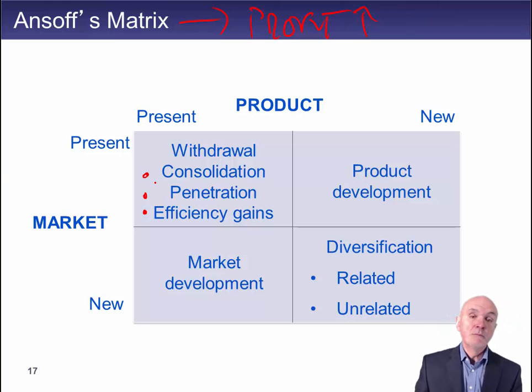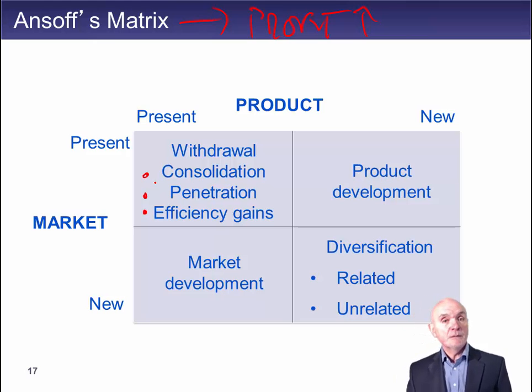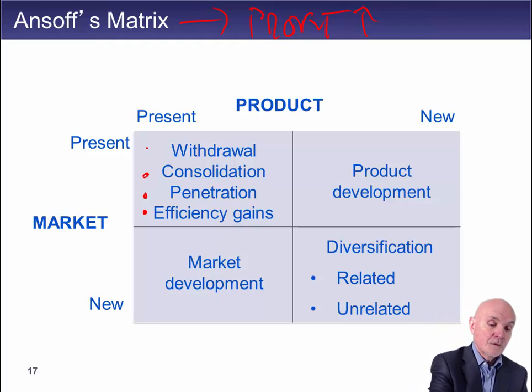Consolidation is maybe where you merge with another company, so you become bigger. And as you become bigger, hopefully you get some economies of scale. You can maybe merge the IT departments, merge the accounting departments. You can make use of each other's customer lists and so on. And finally, there is withdrawal. You can withdraw from some markets.